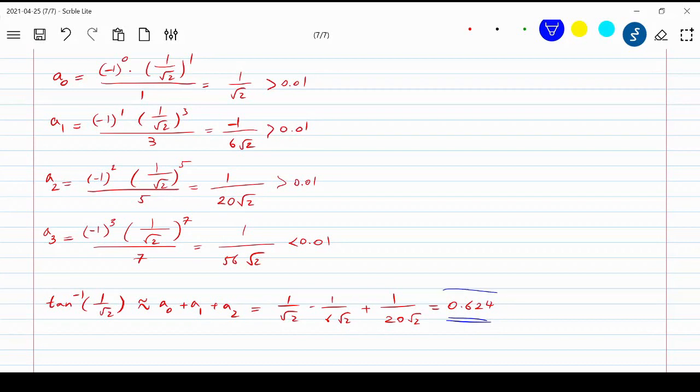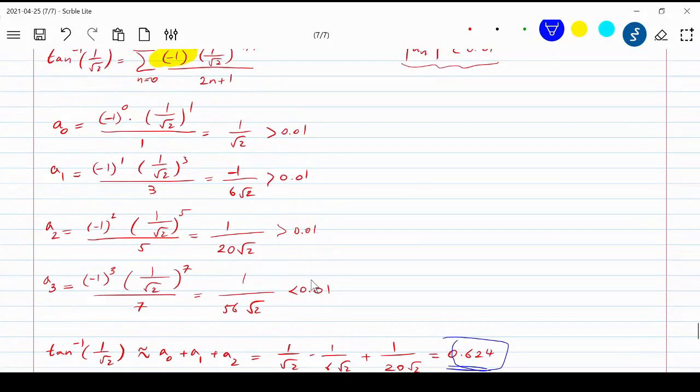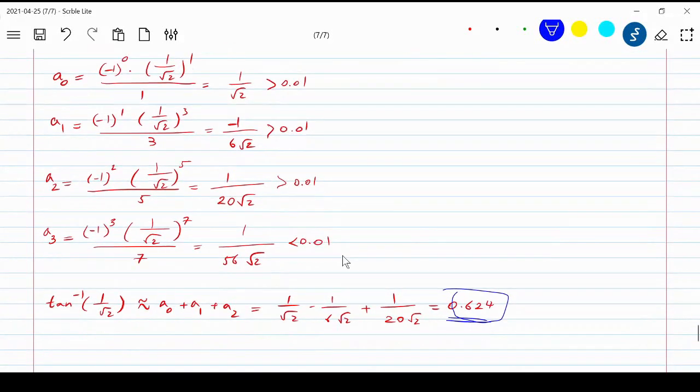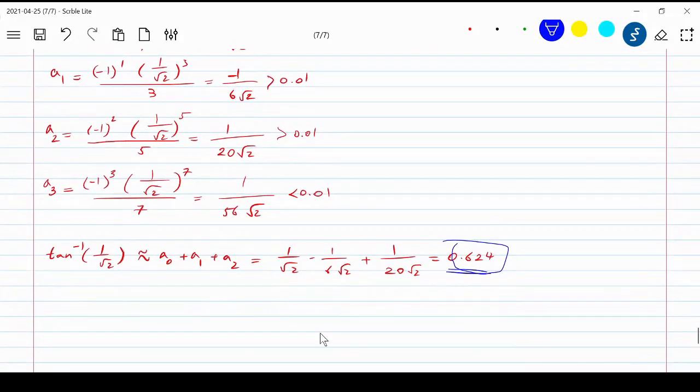Okay. So this is our approximation of tan inverse 1 over root 2 using the power series. So it's quite a useful tool. You can do similar examples for more accurate results. Okay, so this is where I'm going to stop, and this would be the end of Calculus 2 lecture videos.